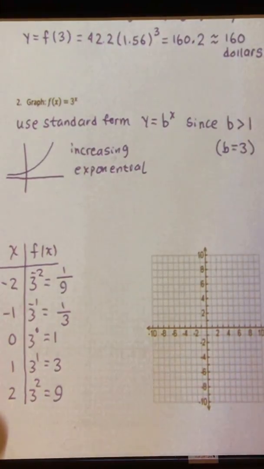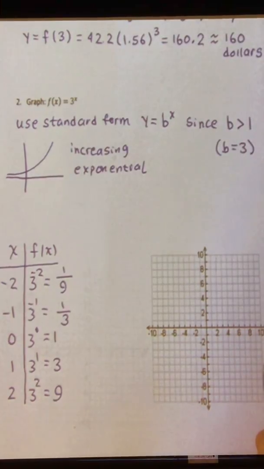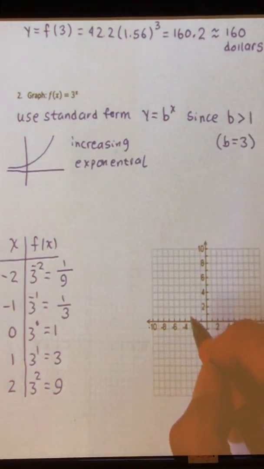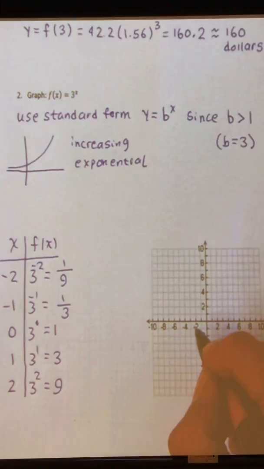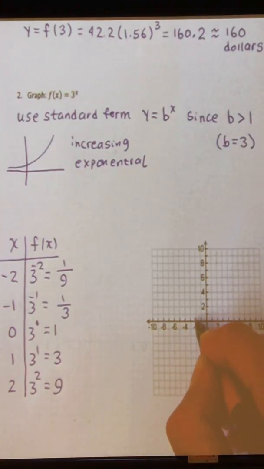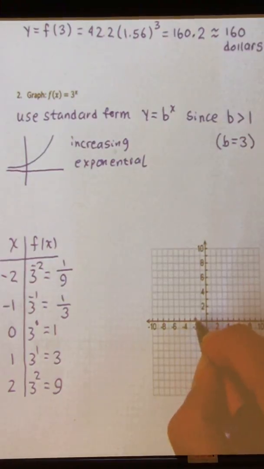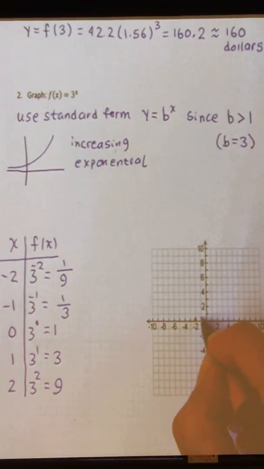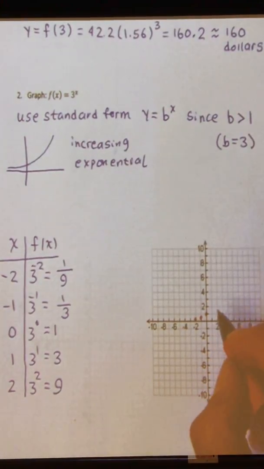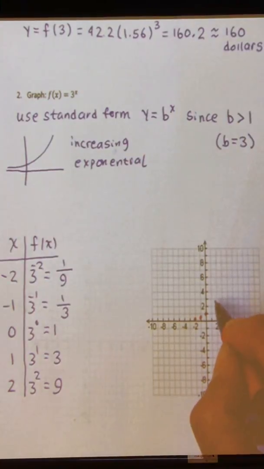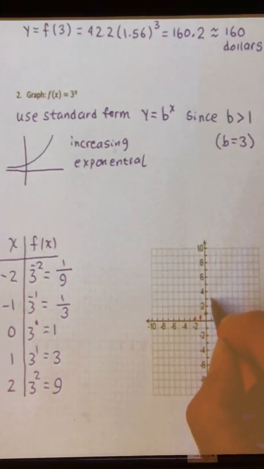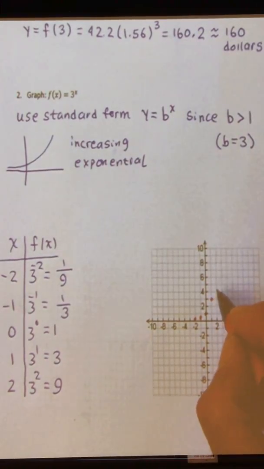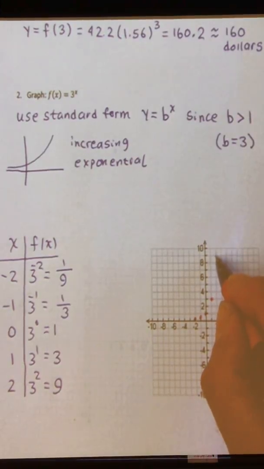If we transpose those ordered pairs to the coordinate system, we'll have -2 giving 1/9. It's difficult to put here, approximately there. And -1 is a little higher at 1/3, and 0 gives the y-intercept of 1, and 1 gives the y value of 3, and finally 2 gives a y value of 9.